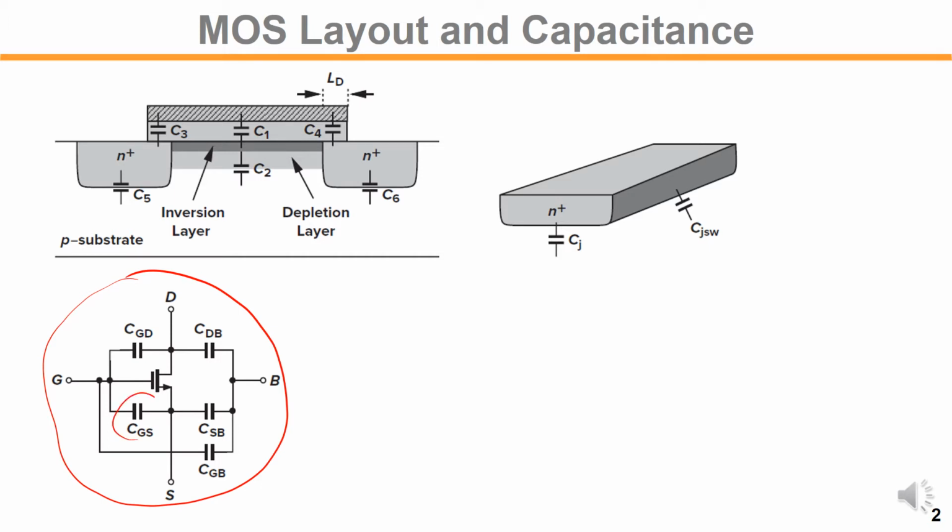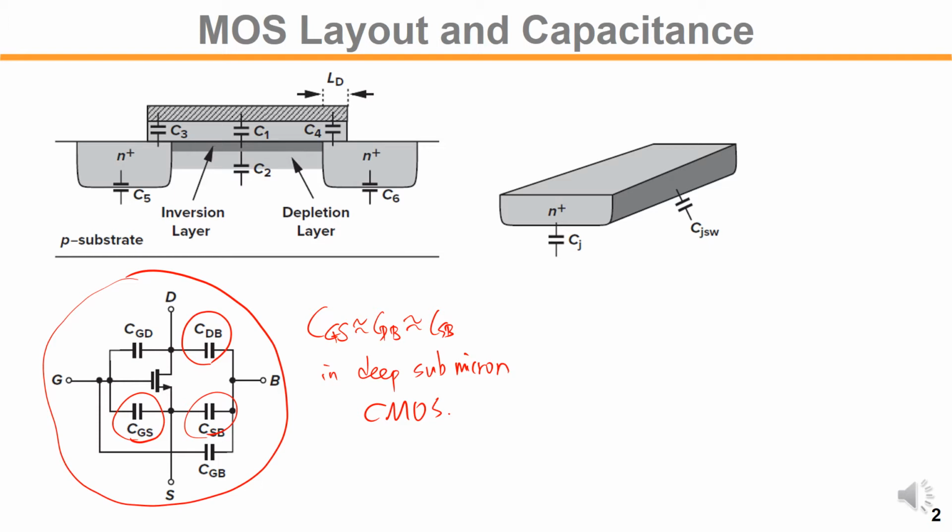Probably the CGS is the most dominant, but in modern CMOS, CDB and CSB are of quite similar order. So CGS is approximately CDB, CSB in deep submicron CMOS. So we are seeing this kind of a trend here. So we have to somehow reduce the effect of those parasitics.